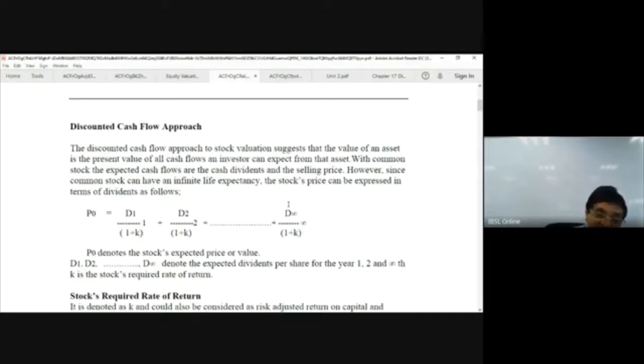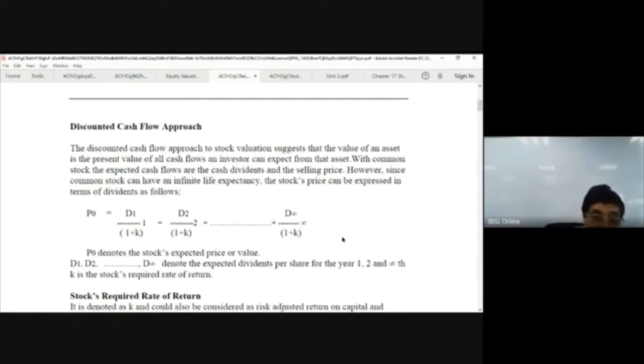There's no real meaning in this, but it shows that the lifetime of a stock is immeasurable, and we call it an infinite lifetime. Most of the time we call it a perpetual security.